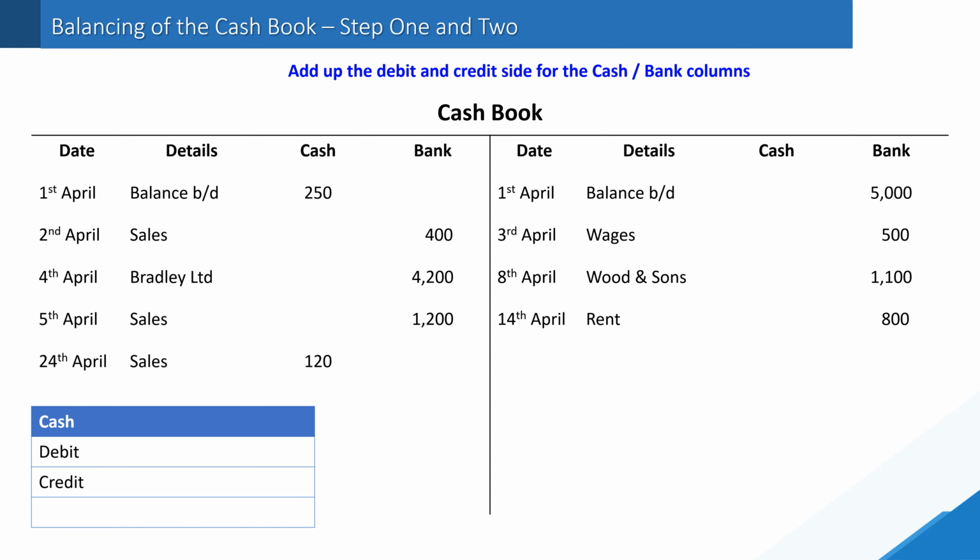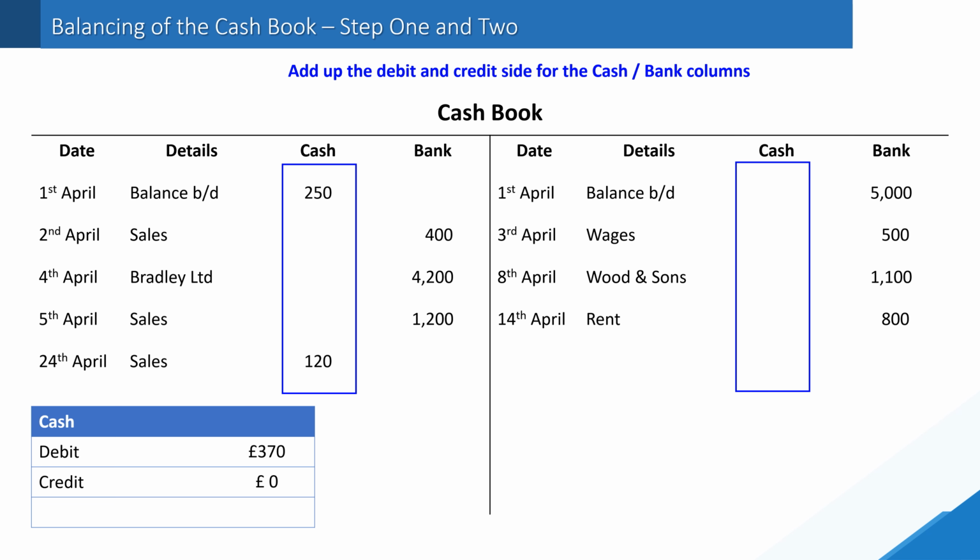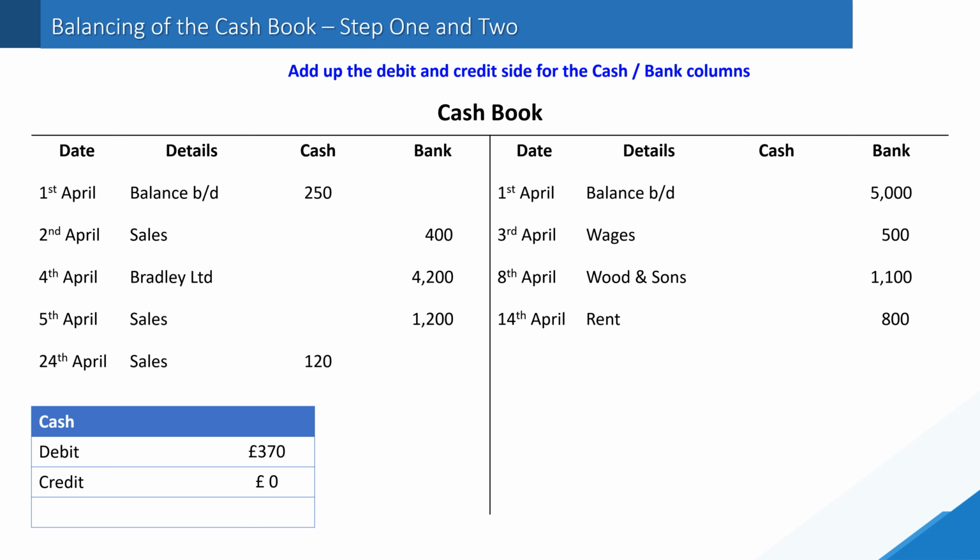Looking at the cash first. So the debit side of the cash book for the cash column agrees to £370. And there is nothing on the credit side of the cash book relating to that cash column. We'll revisit this when we do step 2, but now let's turn our attention to the bank column.